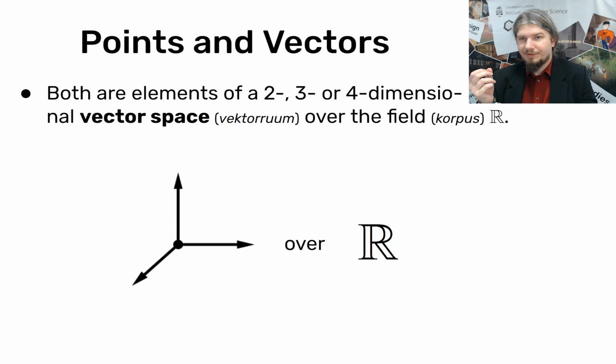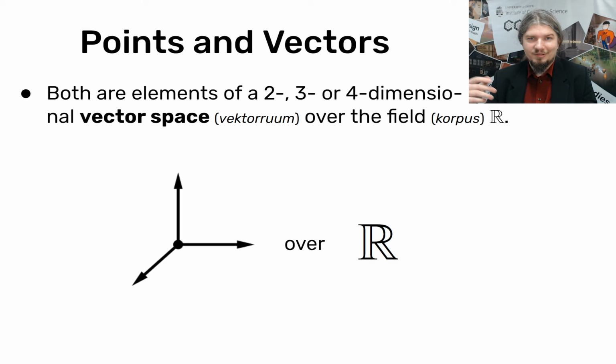Both these points and vectors are elements of a 2D, 3D, or even 4D vector space. We'll see where this 4D comes in a bit later. But if we're talking about 2D or 3D computer graphics, then the points and vectors are elements of 2 and 3 dimensional vector spaces over the field of real numbers. So we're always talking about vectors that have real number coordinates, or points that have real number coordinates.